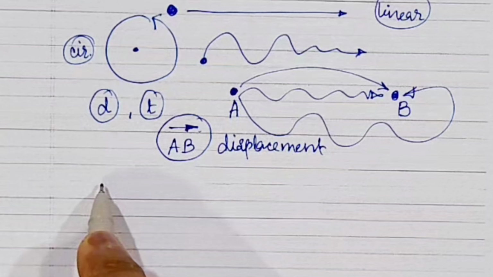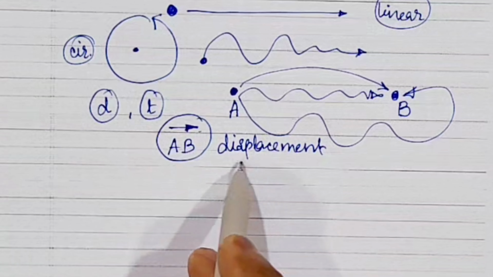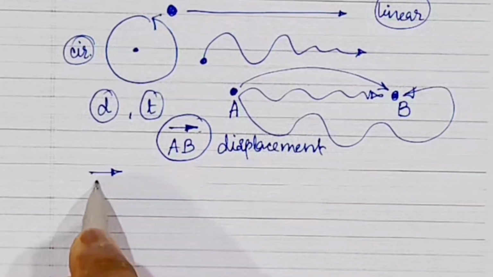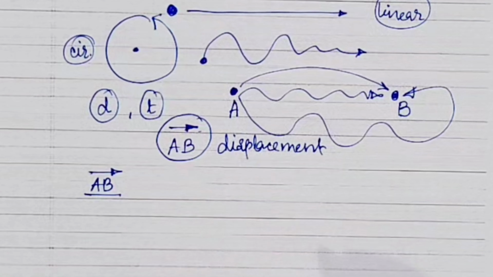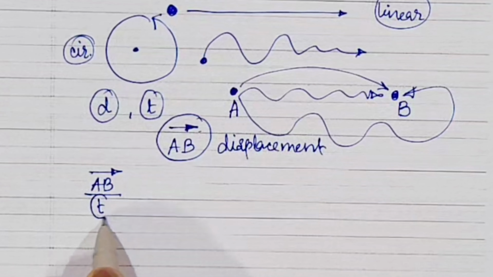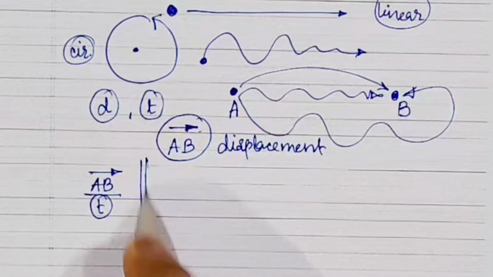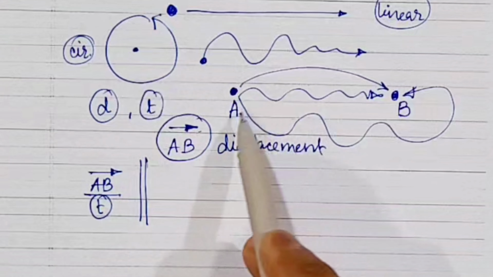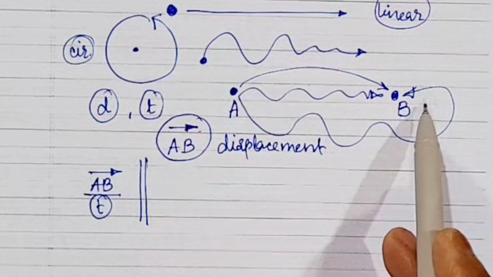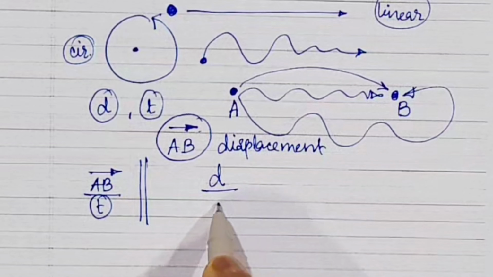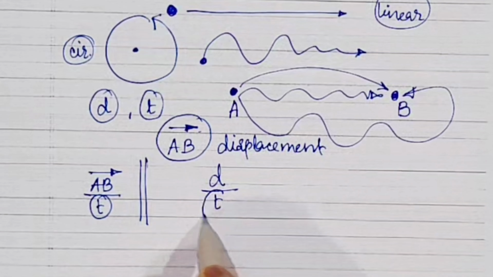So if we just say that it has traveled from A to B, AB is the displacement and the rate of displacement will be AB divided by the time taken. We will come back to the concept of how we define the time taken. And if we are interested in knowing which path it has taken, then let's say from A to B, depending on different circumstances and different options of path that it has chosen, it has covered a distance of d, but the time still remains the same, d by t.